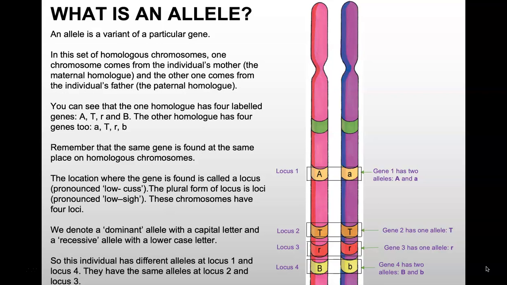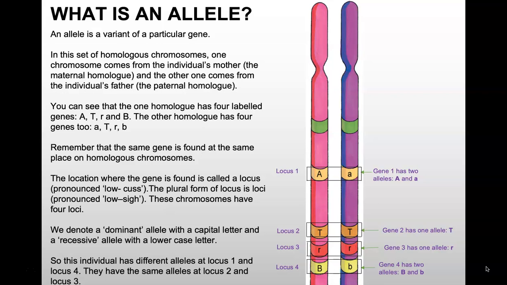When we look at alleles, those variants on those genes, we denote them with a letter that represents what that gene is all about. In this case, we've got gene 1 at locus 1, and this individual has 2 alleles, one from mum and one from dad. They have an uppercase letter and a lowercase letter. The uppercase letter represents the dominant allele, and the lowercase letter represents a recessive allele.